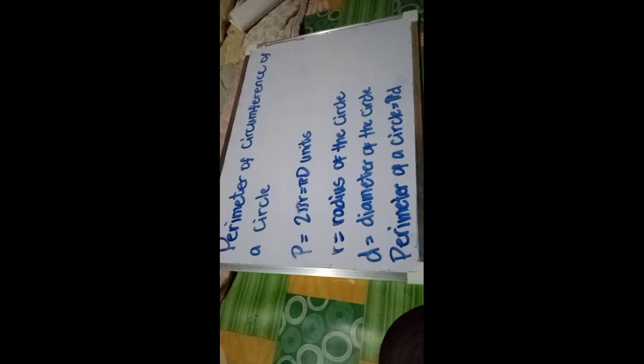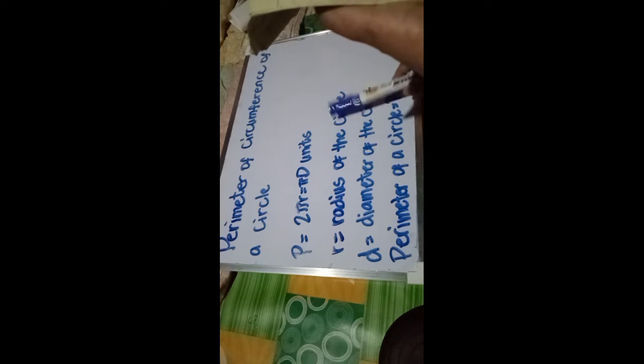The perimeter of a circle is its boundary, the length of the periphery of a circle. The formula has 3 components: 2 constants and 1 variable, which is the radius of the circle.